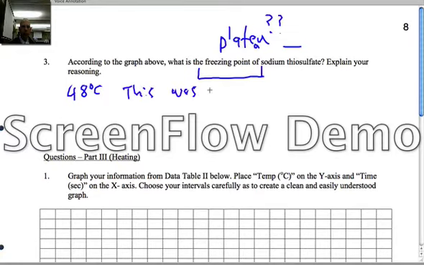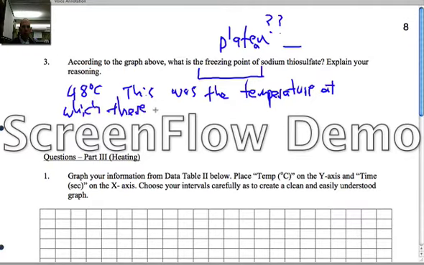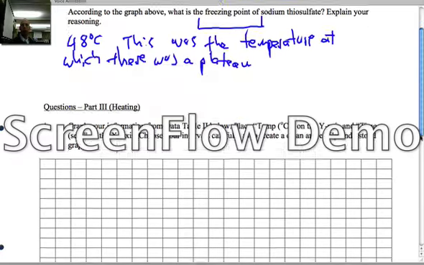This was the temperature at which there was a plateau. I think that's how I spell it. I think this is an A. Okay. Yay.